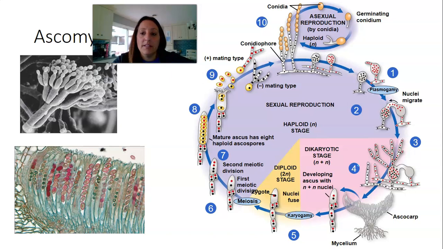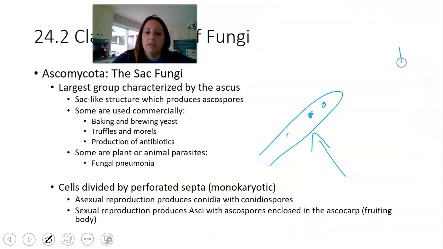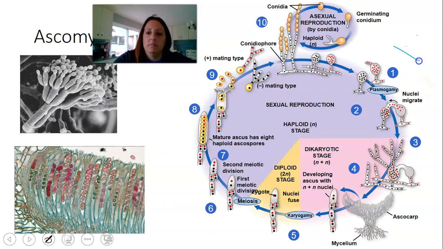Let's start off at number 1. We're going to start right here. We've got hyphal strands that are growing, and we've got a plus and minus mating type. Actually, let's back up a little bit to here. We have mating type plus and mating type minus.